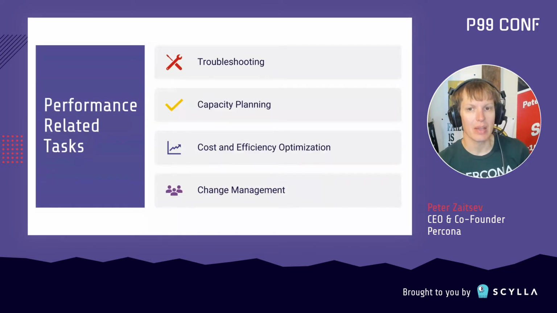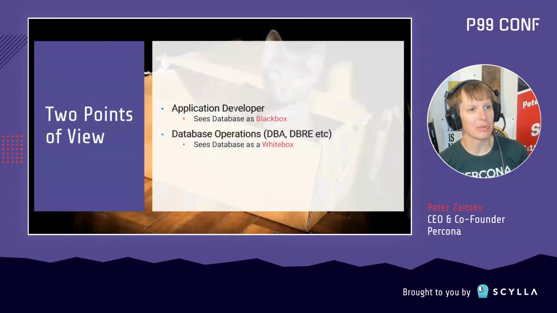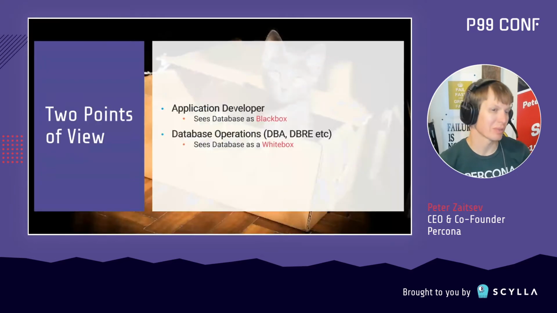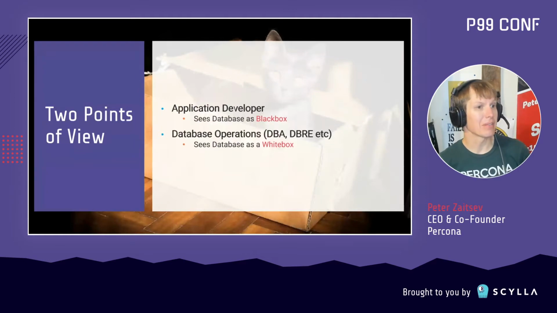From a performance optimization point of view, we see there are two really different approaches you can take with a database. One is the black box approach, which is something a database developer often takes. And then there is a white box approach, which is something a DBA takes. What is the difference between those two approaches?